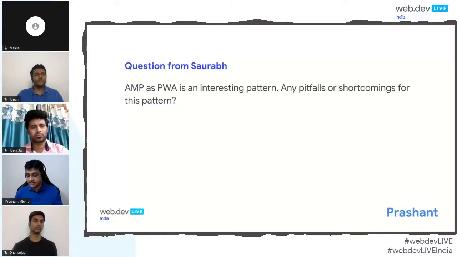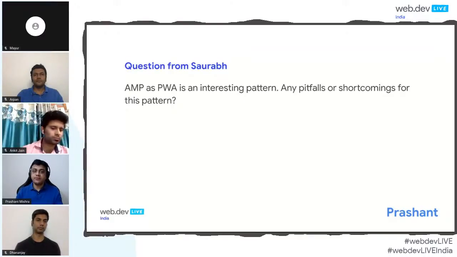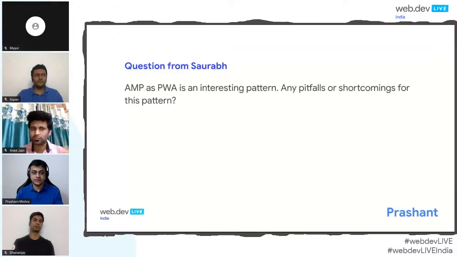So that said, definitely there are limitations when it comes to corner cases like what I have just explained. But for most of the practical websites, if you browse 10 random websites, probably they won't be using such capabilities. So for most of the websites out there, AMP as PWA should be doing fairly good. So hope that answers.